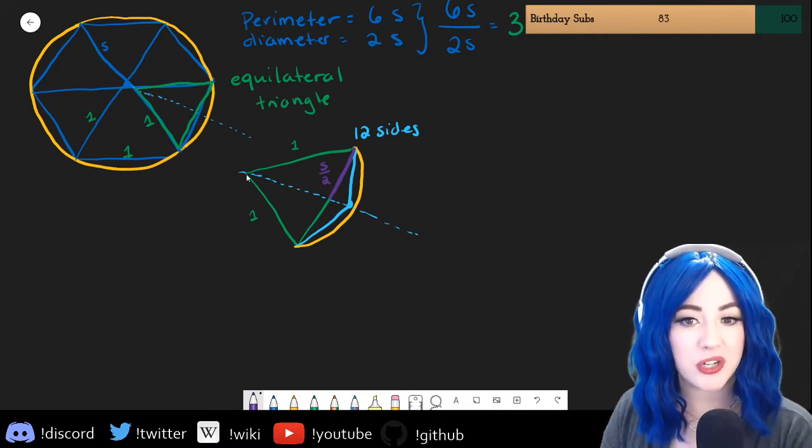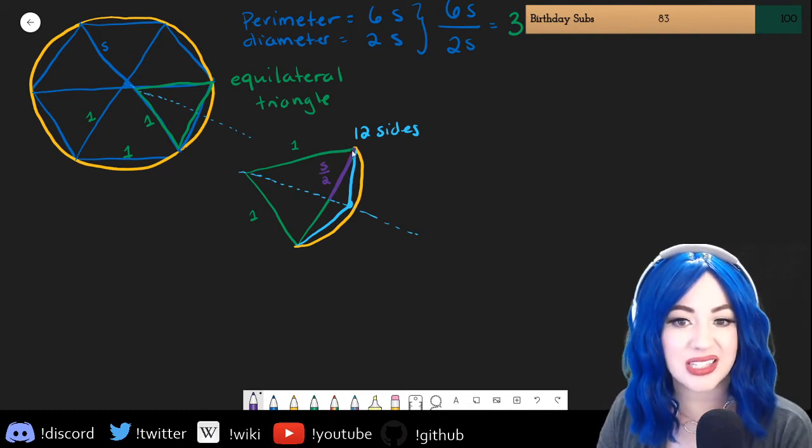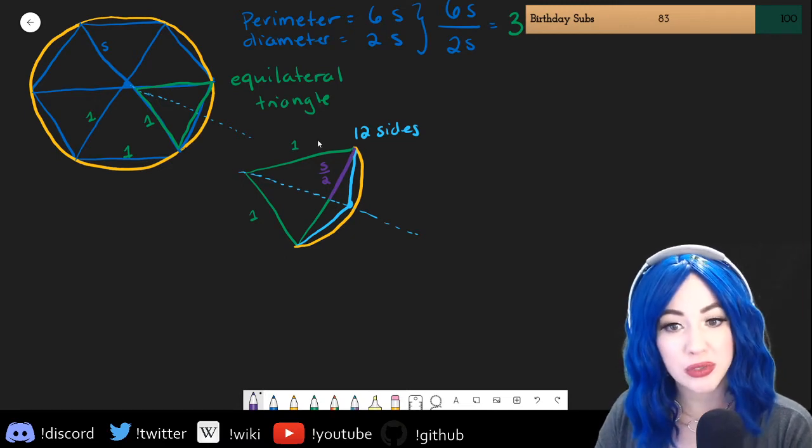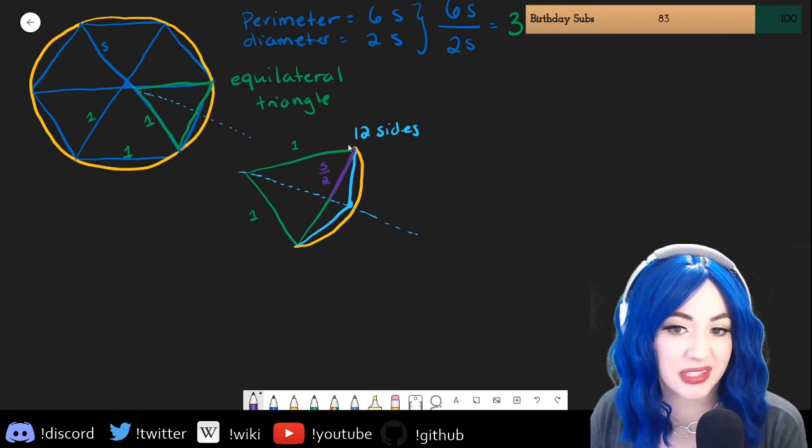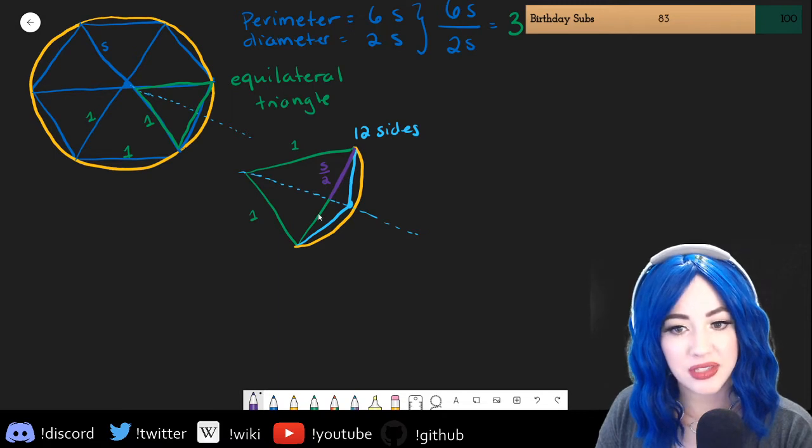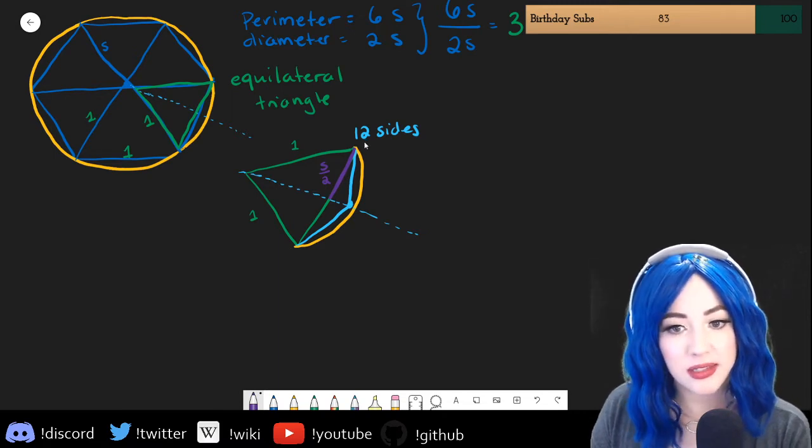But if we're generalizing and we say this side is s, this is just whatever value this base is, over 2.